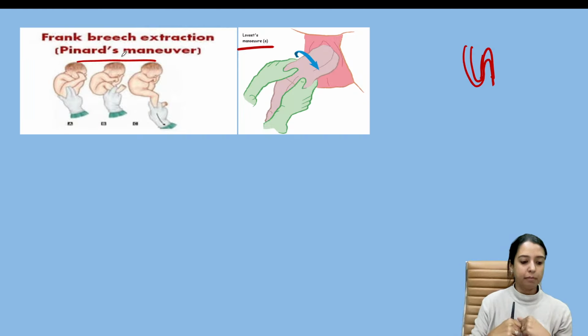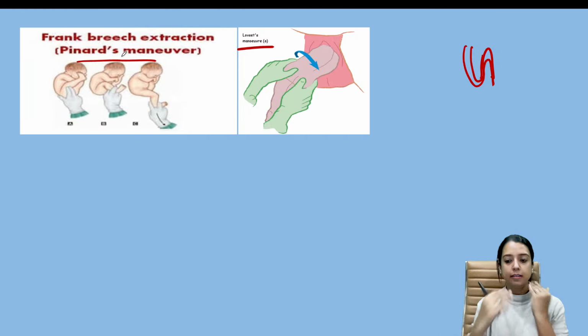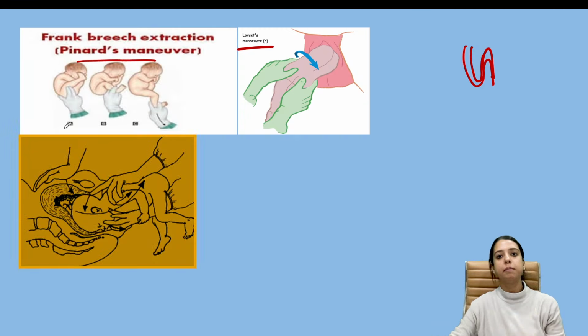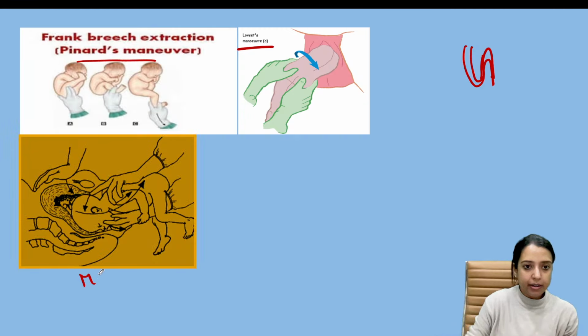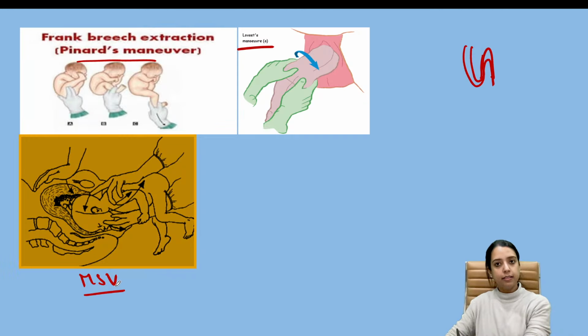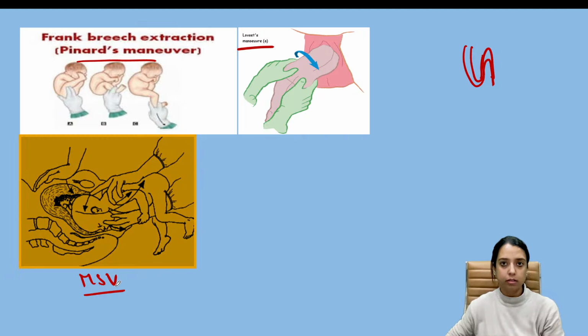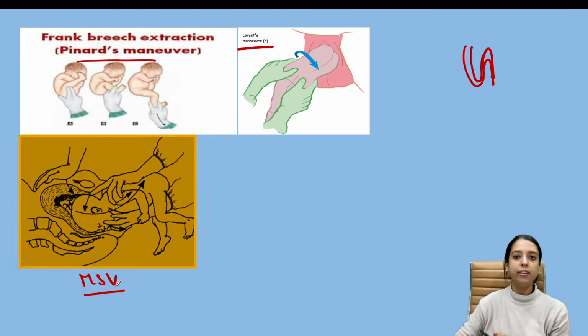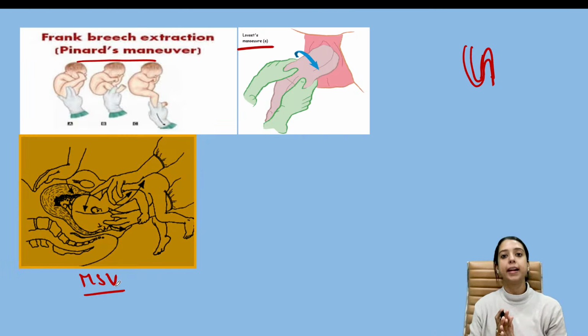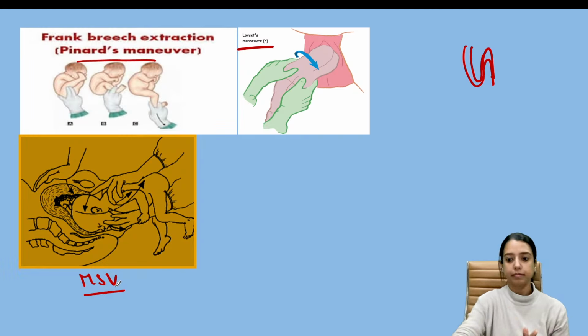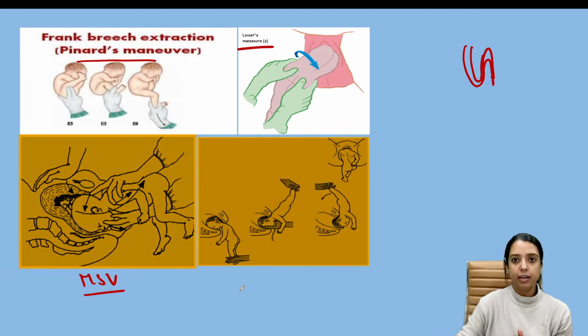Now everything has come out. Head is inside. Mauriceau-Smellie-Veit maneuver. It is done when your one hand is below the baby and with the other you flex the baby's head and bring it out. Mauriceau-Smellie-Veit is done for the after-coming head. Burns Marshall.